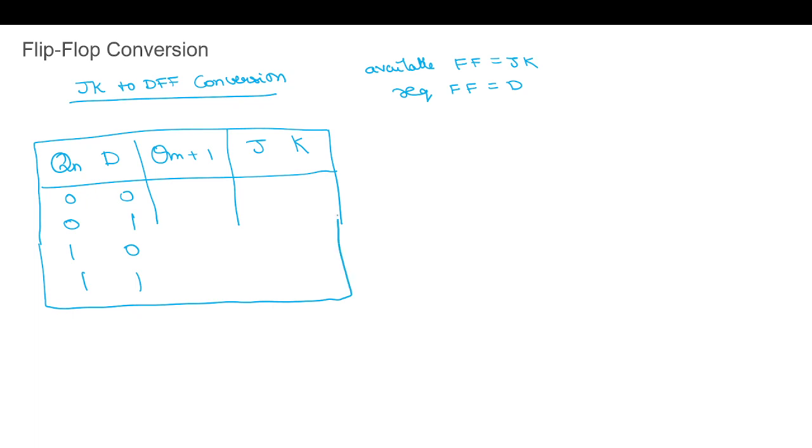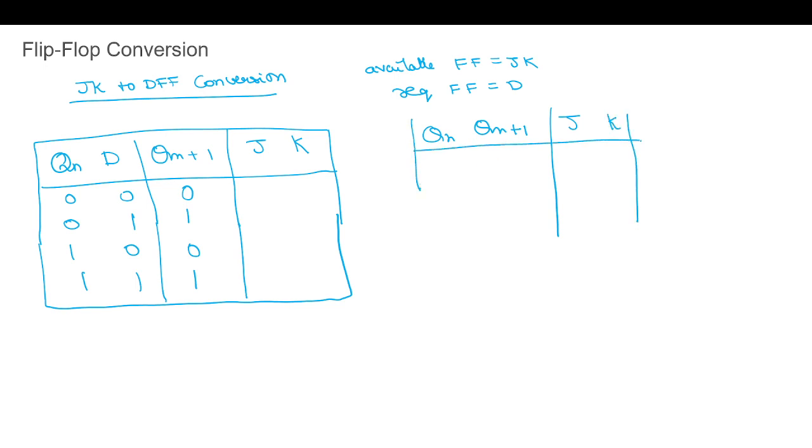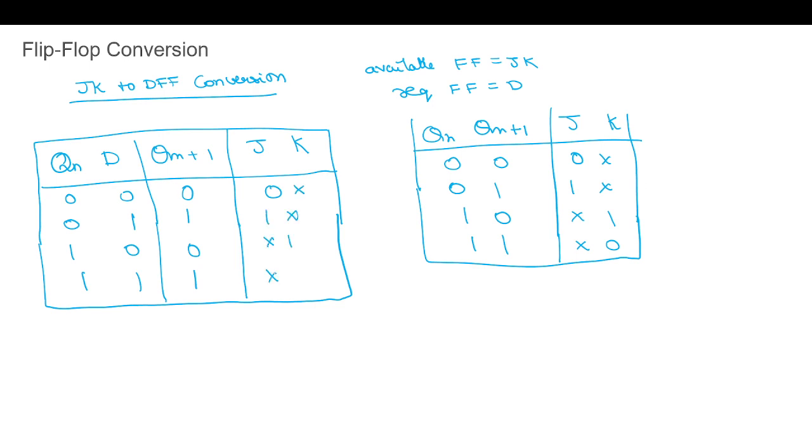With this, what will be the next state? It will follow the D. And what will be the JK? We need the excitation table of JK. So filling this will be 0x, 1x, x1, x0.